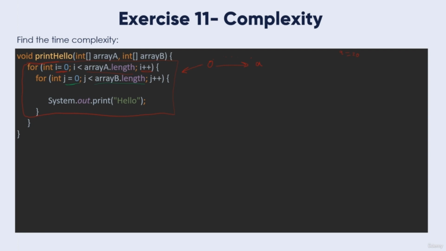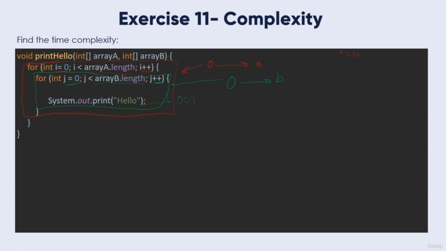And we are going to go through all the elements from 0 to b, denoting by b the length of array B. Okay, and this is O of 1.